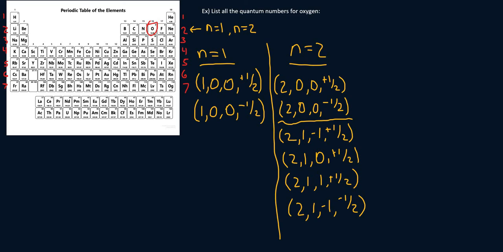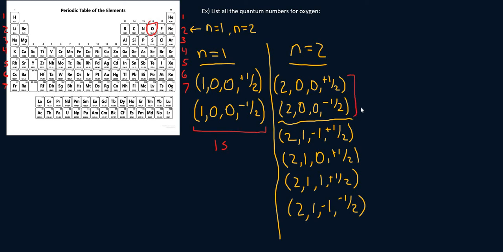And remember how we said that the L value is going to tell us what subshell we're in. So right here, we're in the 1s subshell, because n equals 1, that's where the 1 comes from, and s is because we have L equal to 0 here.